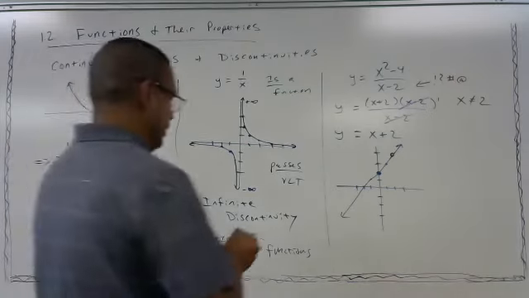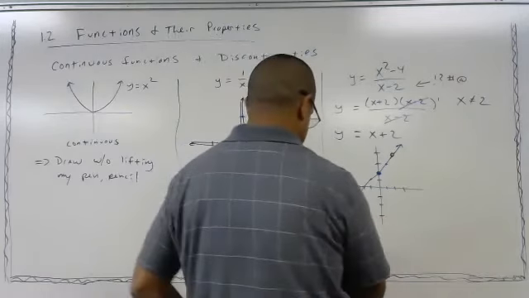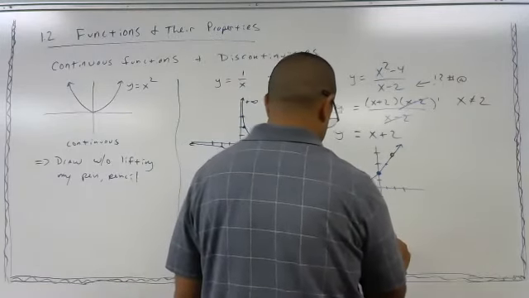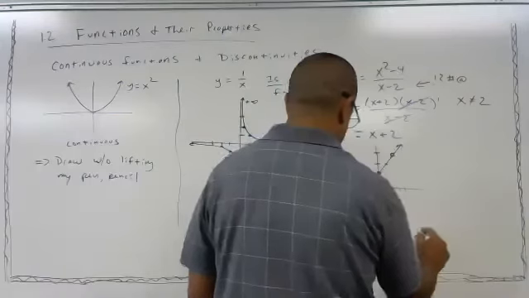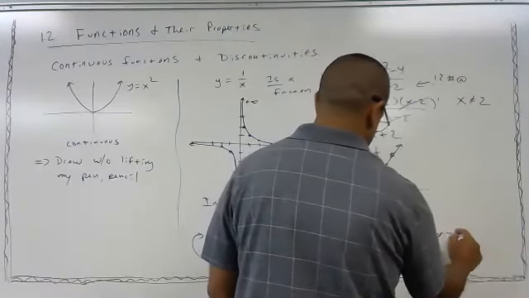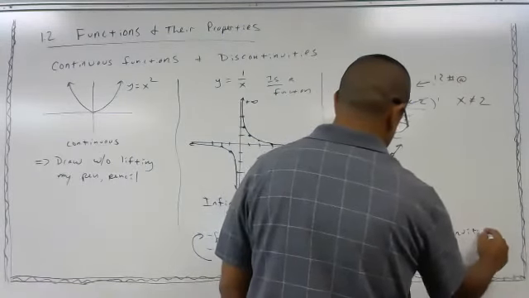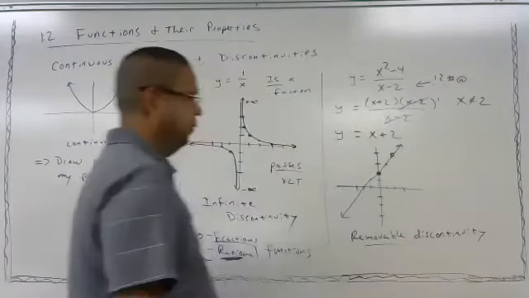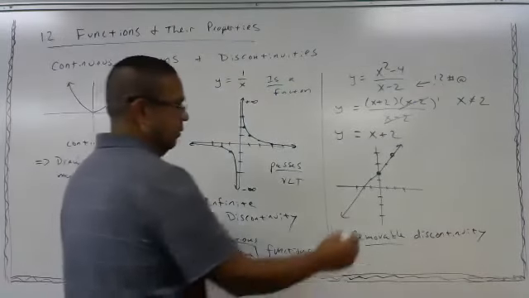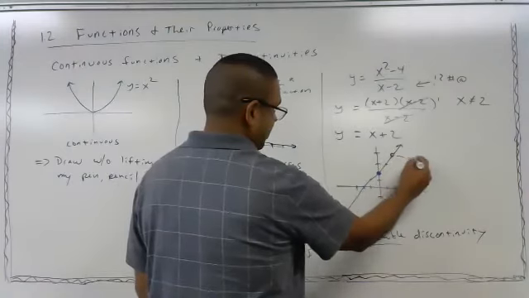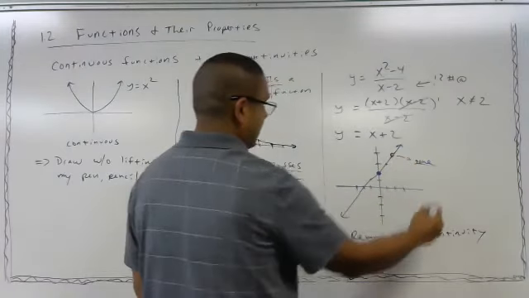And this is what we call a removable discontinuity. We remove that point. That point is gone, right?